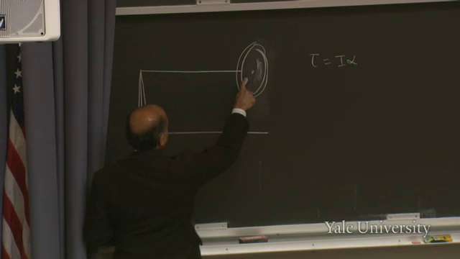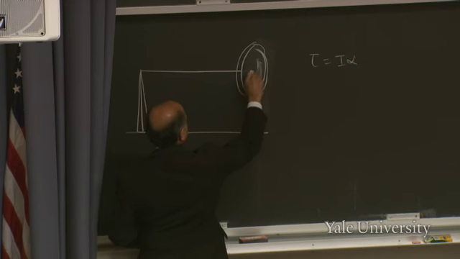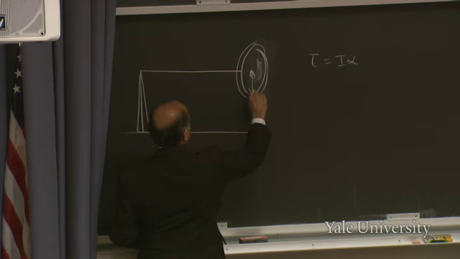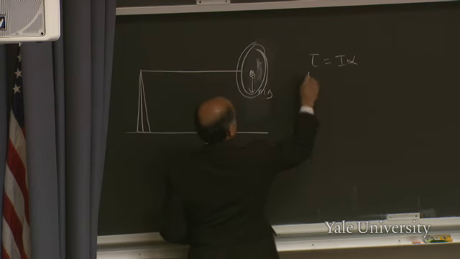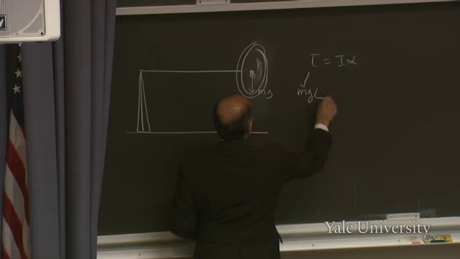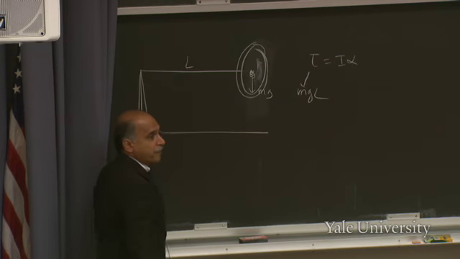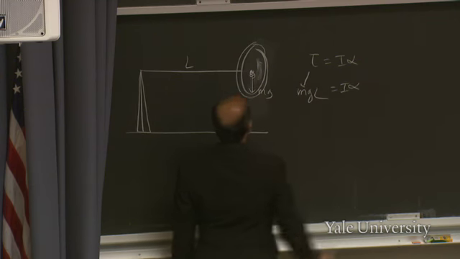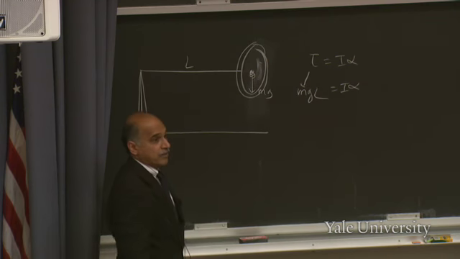Well, the torque on this gyro is because the rod has no mass. The disk which is sitting there has a mass m g. So torque is equal to mgL, where L is the length of this rod. That'll produce an I alpha. But let's do the torque as a vector. What is the vector torque?